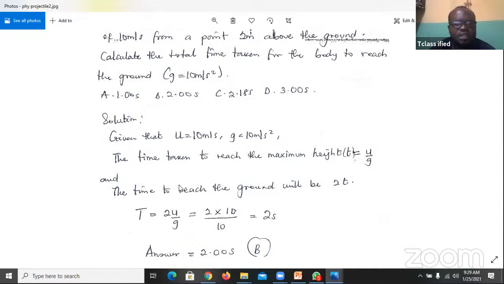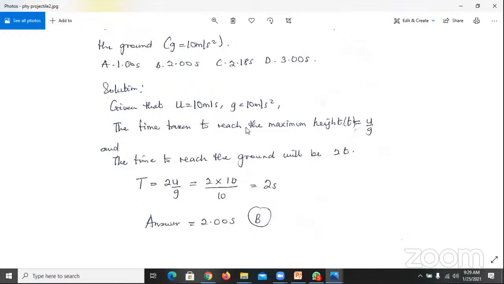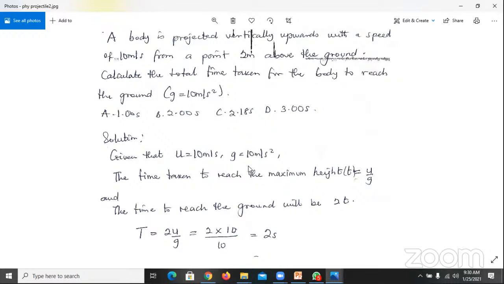Now, T is equal to 2U over g, which is the time for the total flight, which is equal to 2 times 10 over 10. So cancel 10, we have 2 seconds. So this one is pretty straightforward.